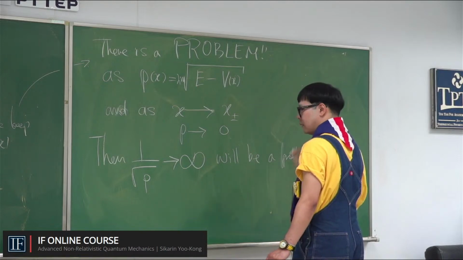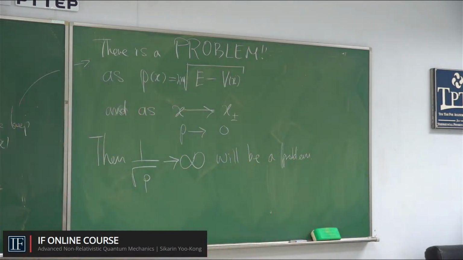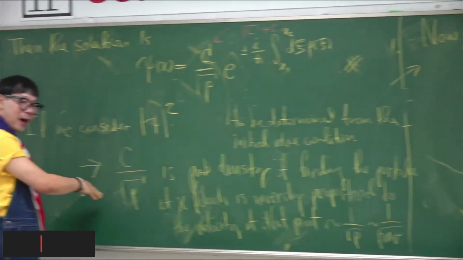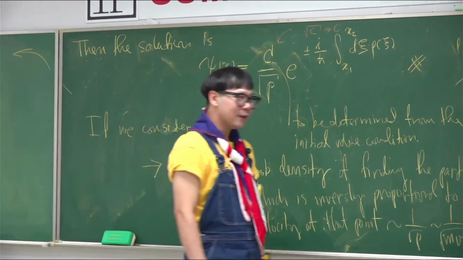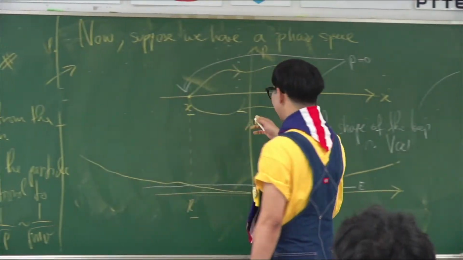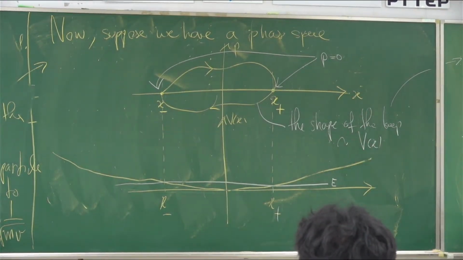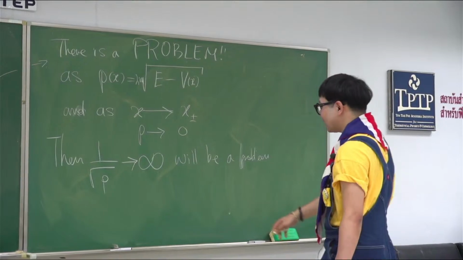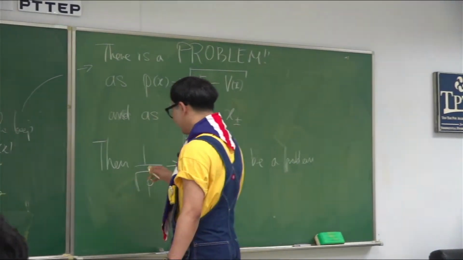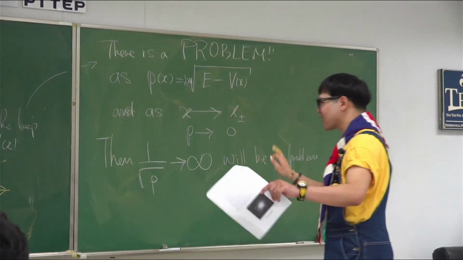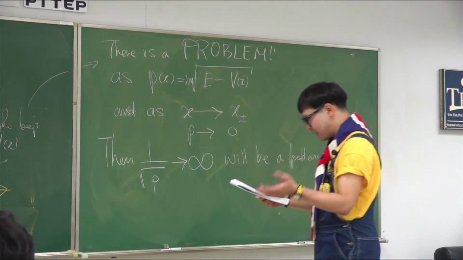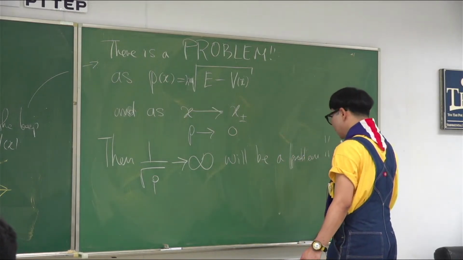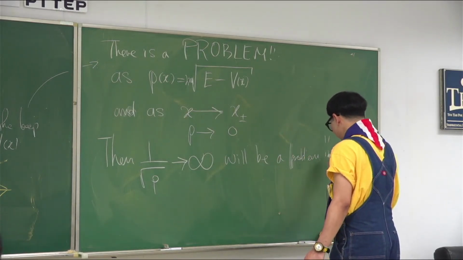You see? Right, because what we did over here is the probability that you could find your particle, which is actually proportional to 1 over square root p. But once you consider your system on this phase space, then you see that at the 2 points things will clash. But there is a way out. Don't worry.